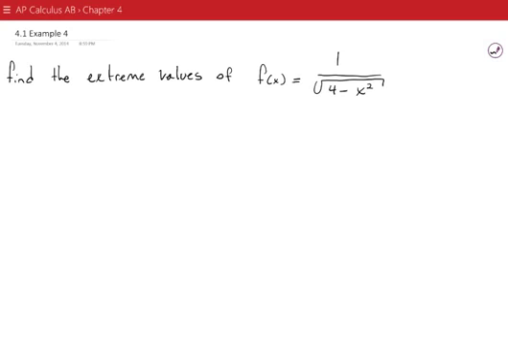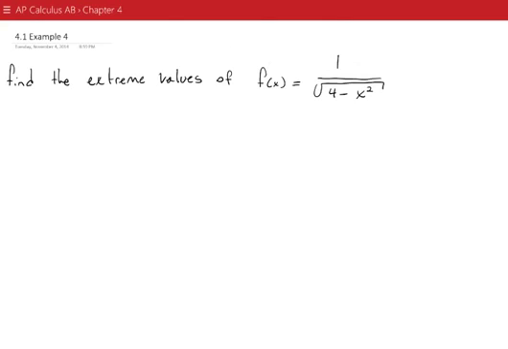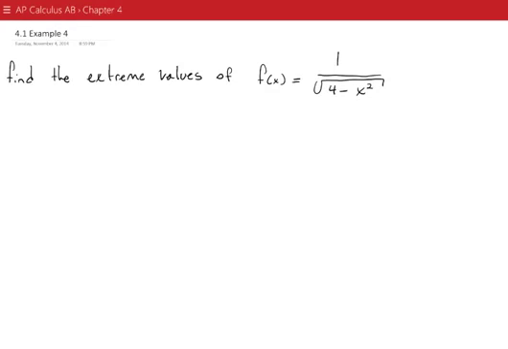So the first thing that we can do is try to figure out where the function is defined, because remember that the domain of our function is going to be important when we're finding the domain of the derivative. So in this case, we can't have the square root of a negative number.